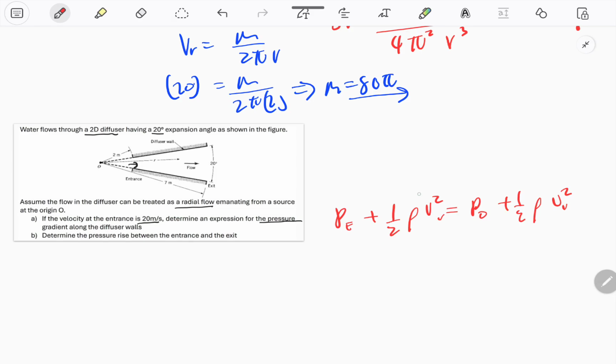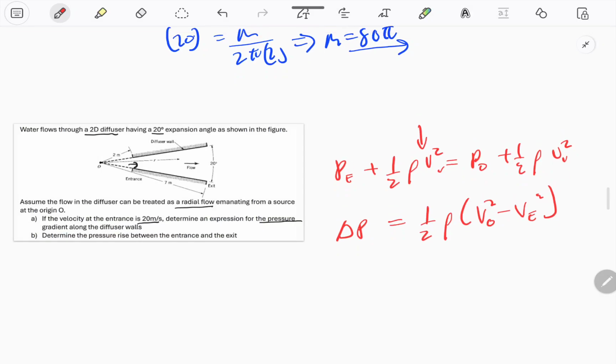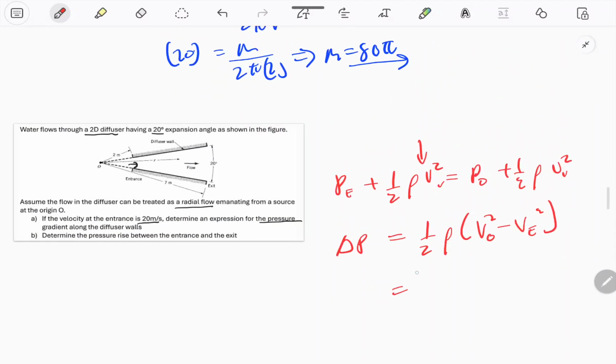We already know here we have 20. If I take this to the other side, I'll get my delta P, of which I'm interested in. Then I'll have 1 over 2, this is a common factor, and then here I'll have V out minus V entry. All these V's are squared. Then 1 over 2, this one I assume is the 1000, if this is water. V out I don't know, but I can compute, minus 20 squared.